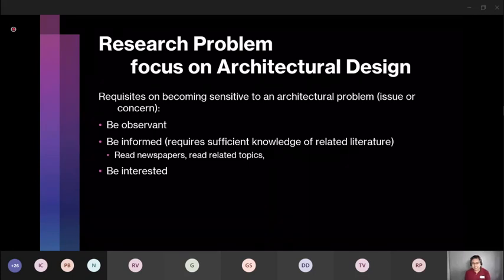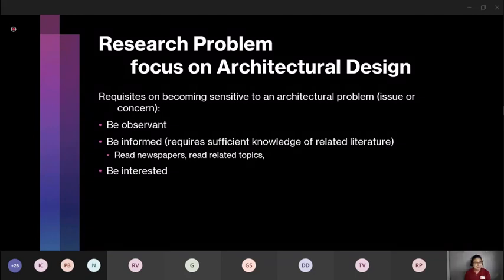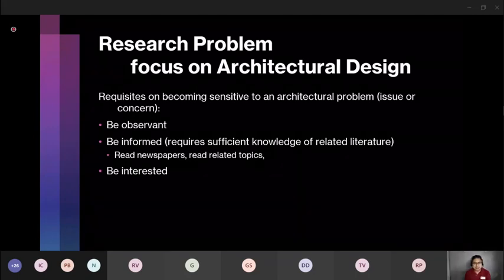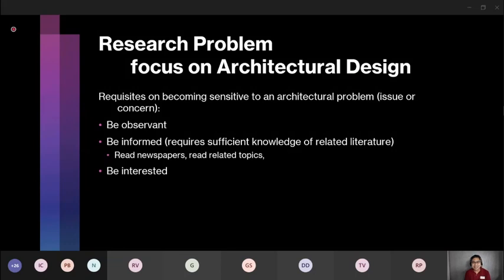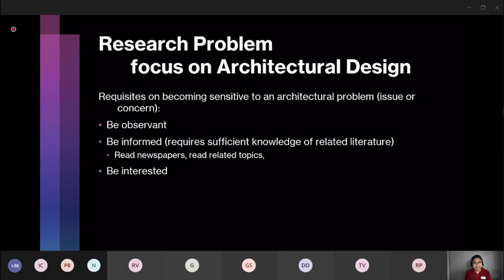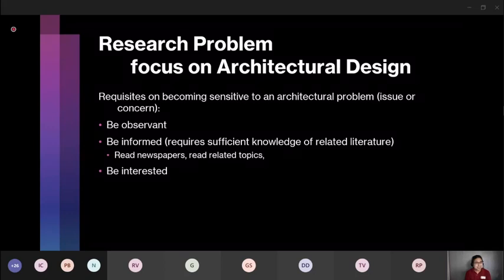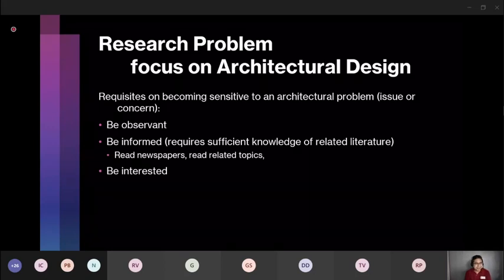But I'm sure, for example, you are following certain Instagram accounts of some architects. You are following certain hashtags in design. For example, you're fond of designs of libraries.